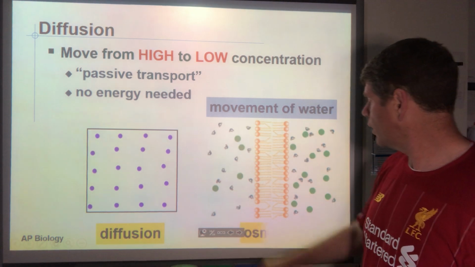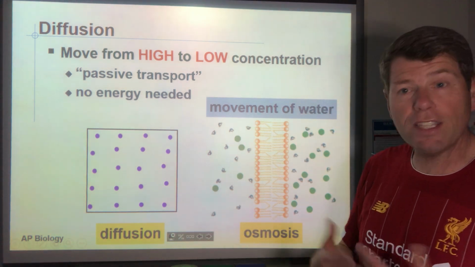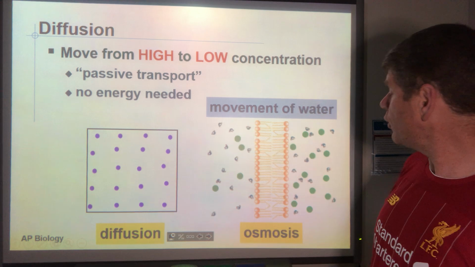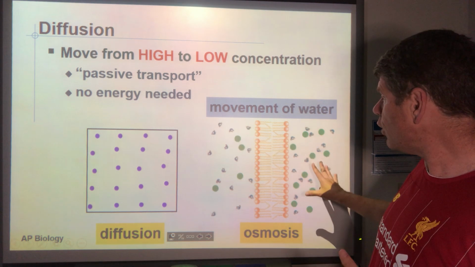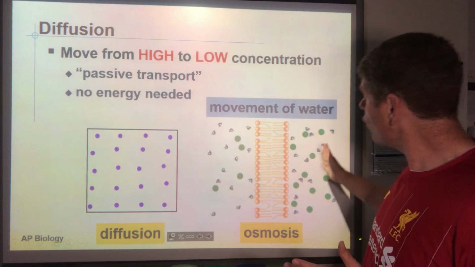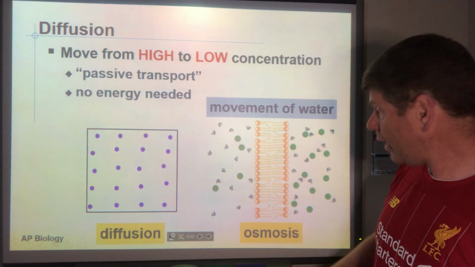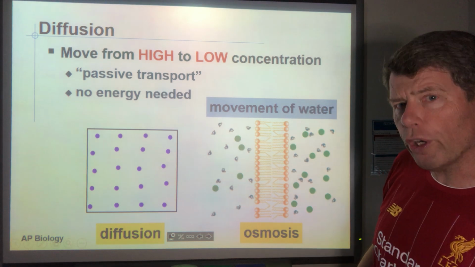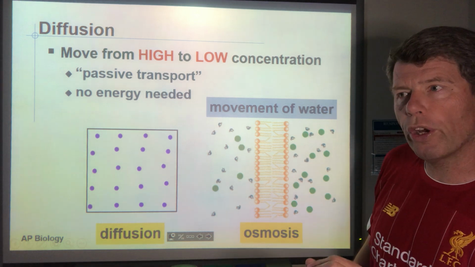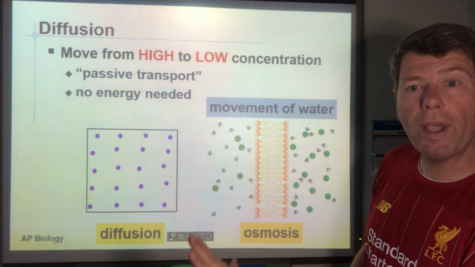Okay. Now, we're going to end this lesson, or end this video, by talking about the movement of water. So water can also move from a high concentration to a low concentration through the cell membrane. Part of the problem is that it's polar, and remember we said non-polar molecules or hydrophobic molecules could move quite easily.